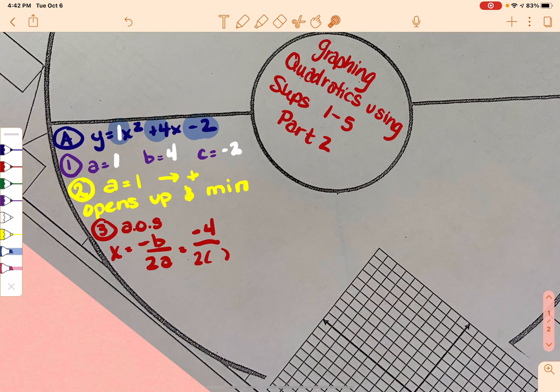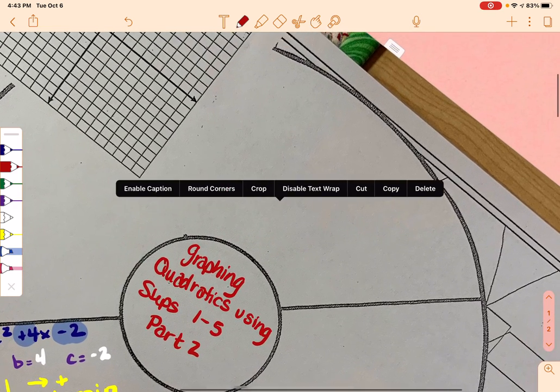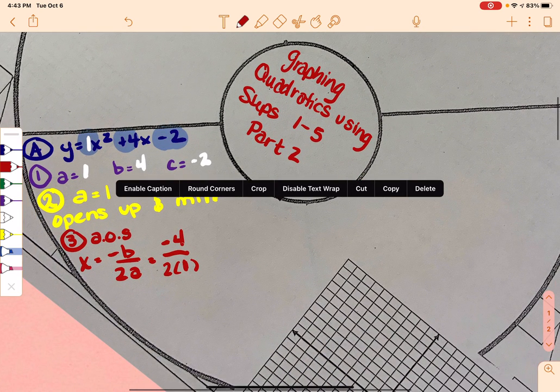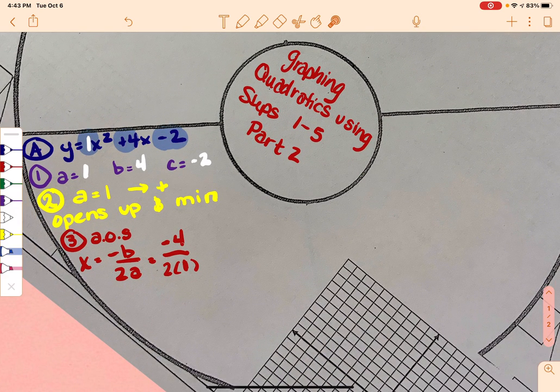My a value is 1, so I'm going to put a 1 there. Now, if I were to take this whole part and put it into Desmos, I would end up with negative 2. So x equals negative 2 is my axis of symmetry.